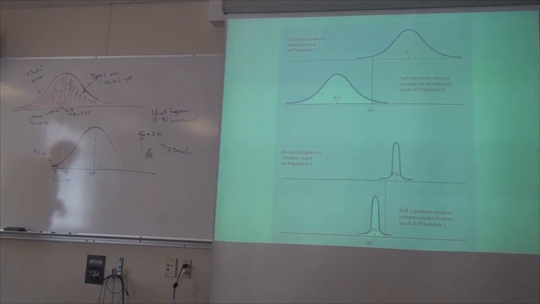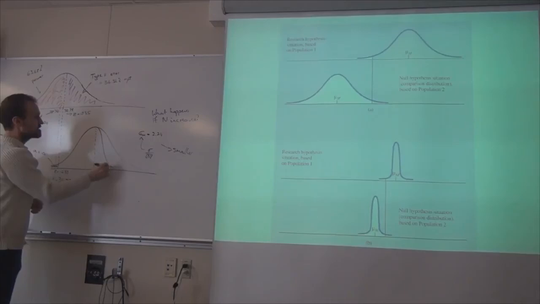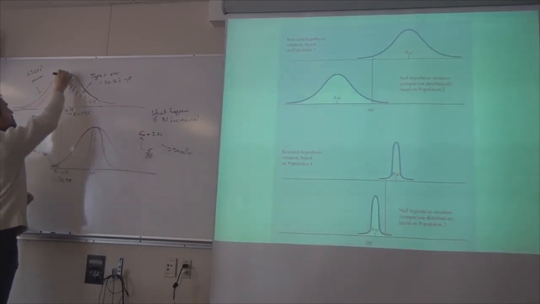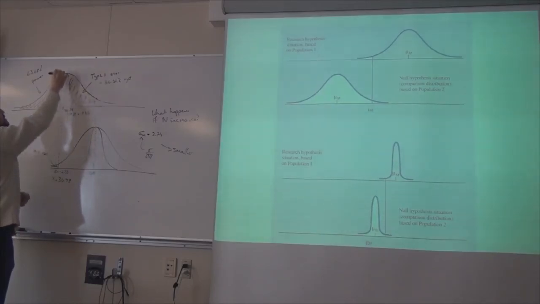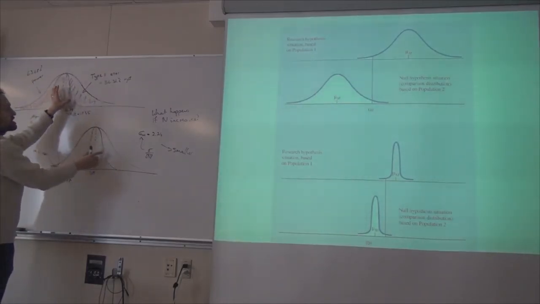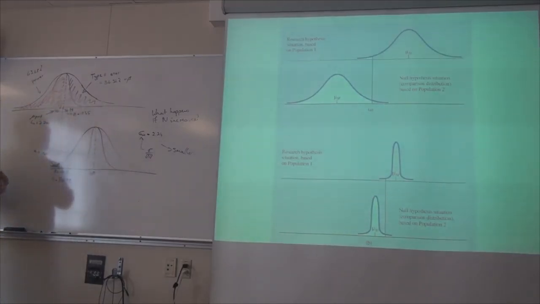What color can I use to illustrate this? They're all very thin around here. This is all going to be thin because I'm assuming the same distribution. See, the overlap is going to be much less than when the standard deviation was bigger.